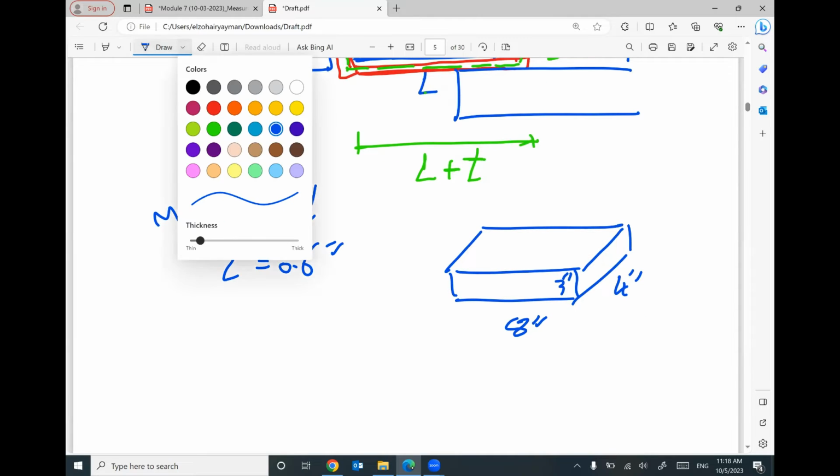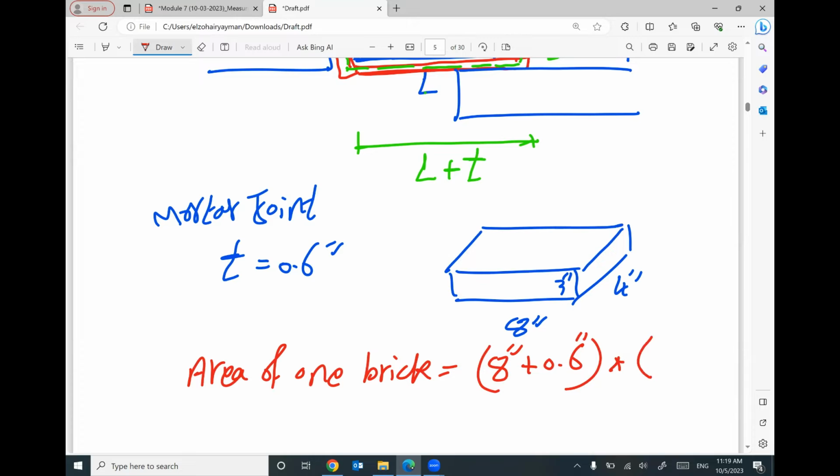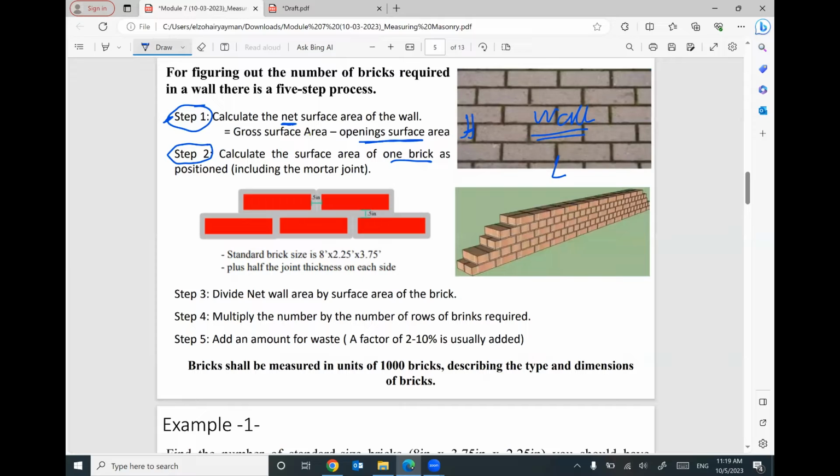So the area of one brick will equal 8 inch plus 0.6 inch, times 3 inch plus 0.6 inch. I increase this length by one thickness because I have half thickness from one side and another half from the other side. And this height, 3 inch, is also increased by the thickness to give you the area of one brick. This is the second step.